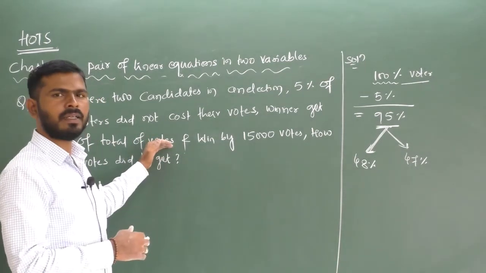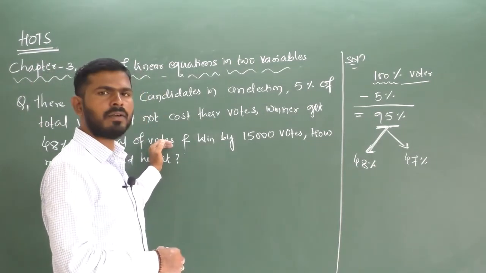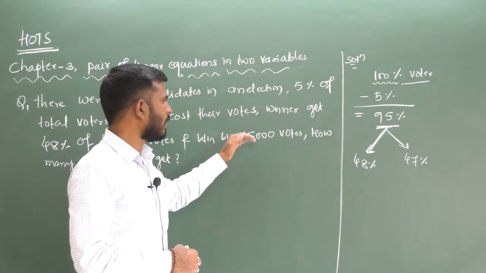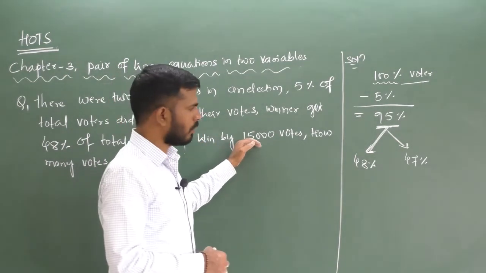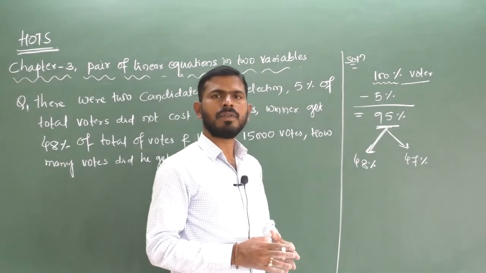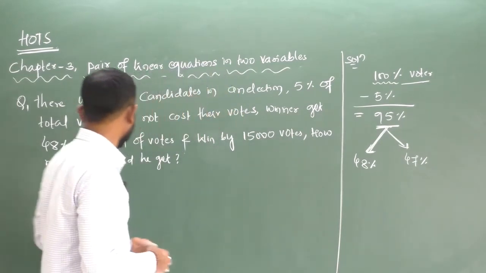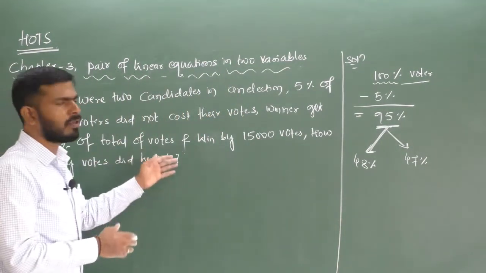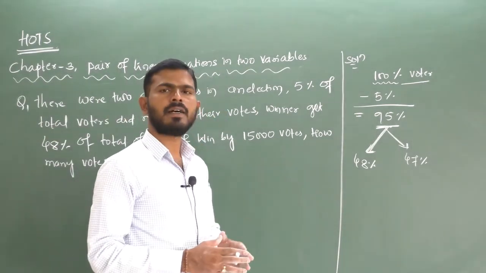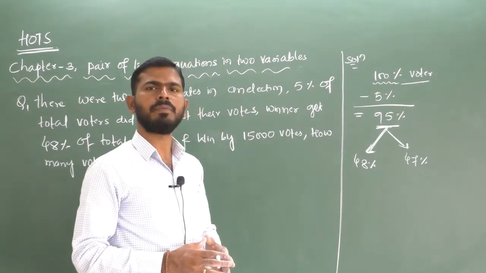Out of 95, the winner got 48% and the loser got 47%, and the winner won by 15,000 votes. You have to find how many votes the winner got.